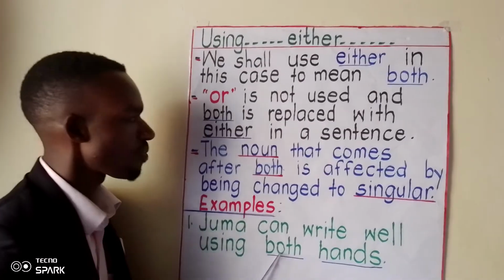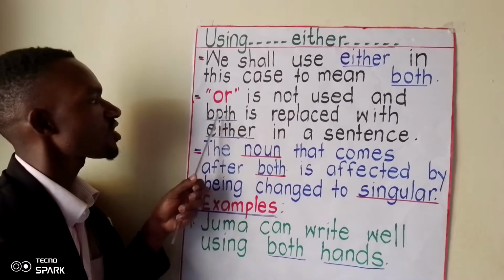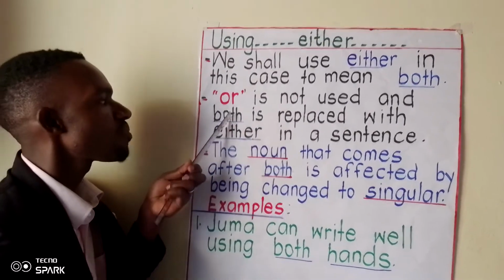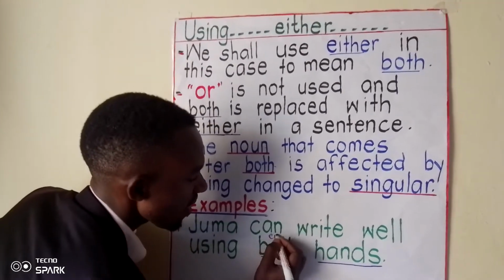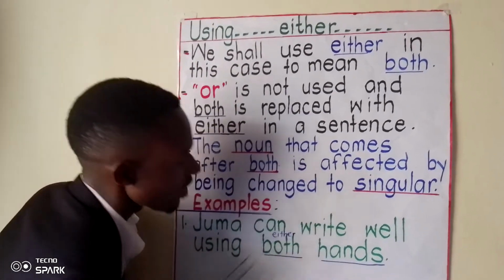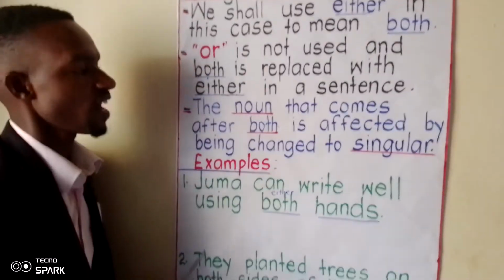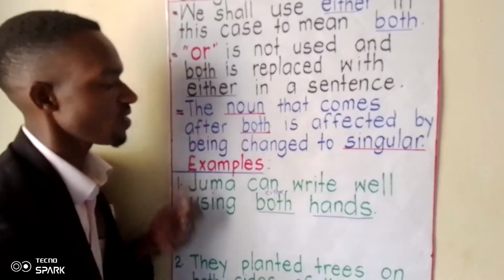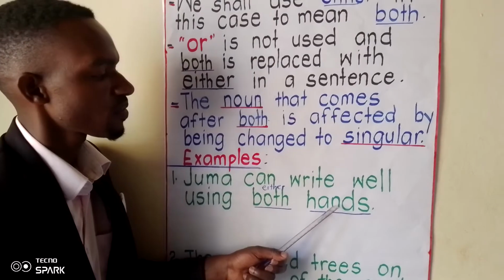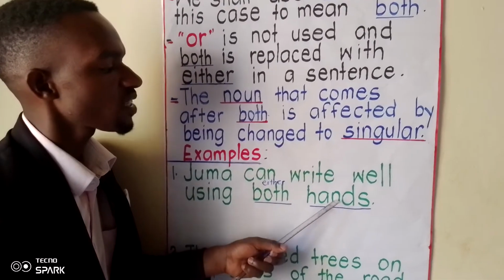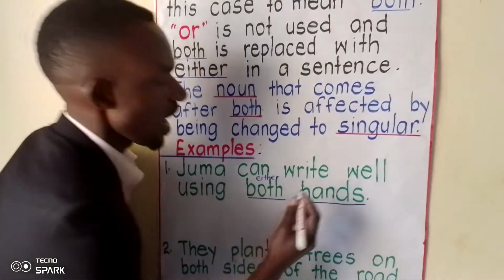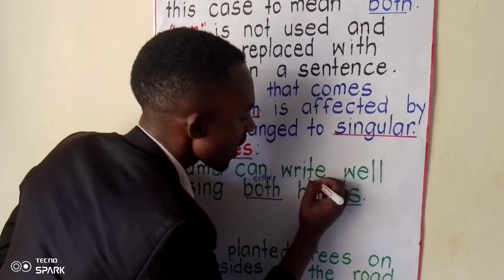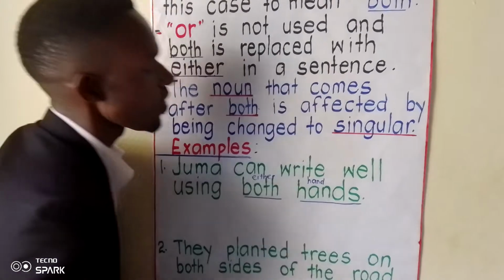We have got both. According to our instruction 2, we shall replace both with either. We take out both, replace it with either. According to instruction 3, the plural form of the noun that we have, which is hands, will change to singular form, and therefore it will be hand, from hands to hand.